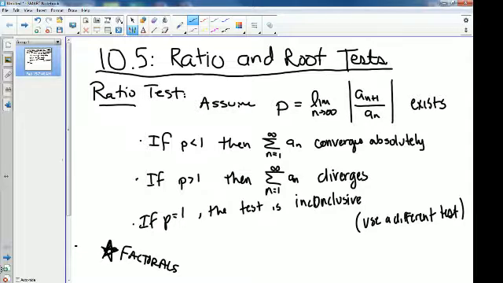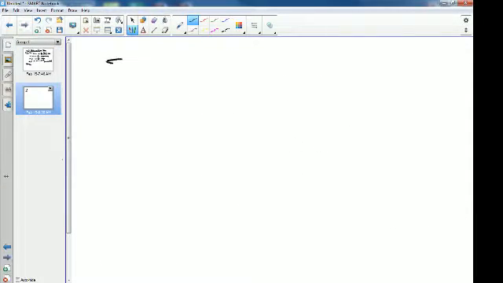Okay, so let's look at one. Does this converge or diverge? The book says prove that this series converges. You can ask it many different ways, right?